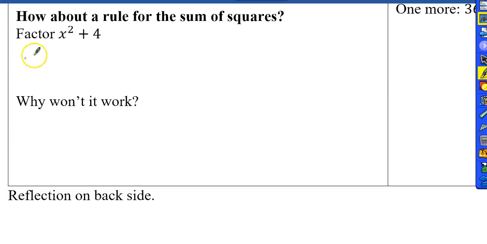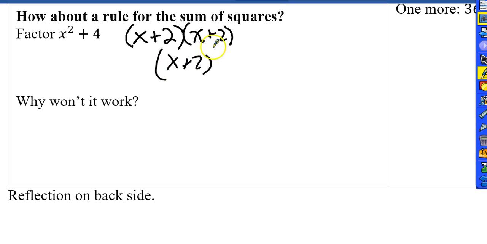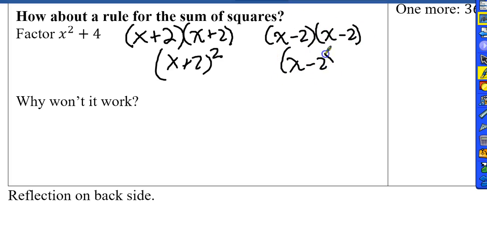When you are asked to factor the sum of squares, x squared plus 4, I don't know how many times I'll get the answer x plus 2 times x plus 2, which is x plus 2 quantity squared, or I'll get the answer x minus 2 and x minus 2, or x minus 2 quantity squared, which are both really, really not true.